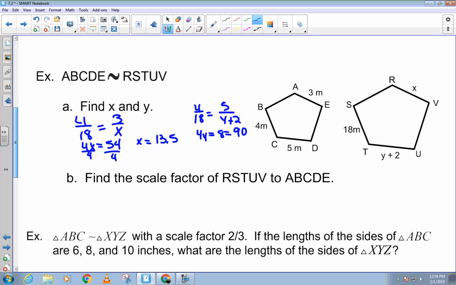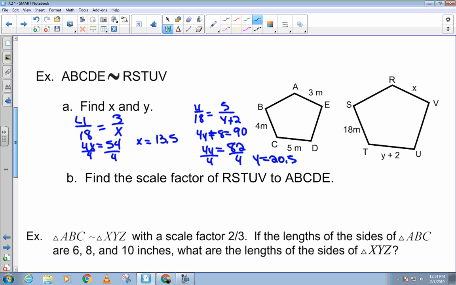Subtract 8 from both sides, and that's what, 82. Divide both sides by 4. And so y is 20.5.